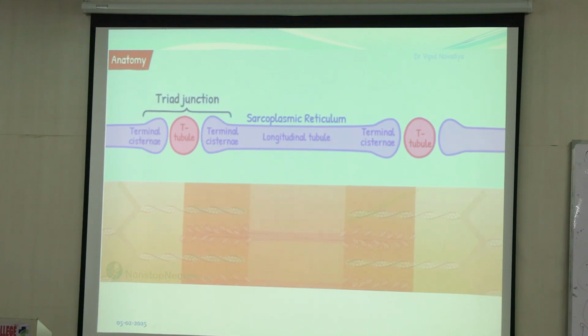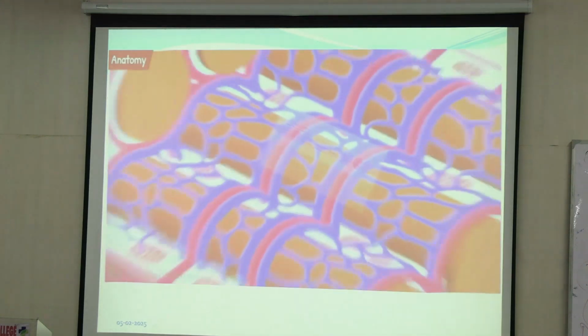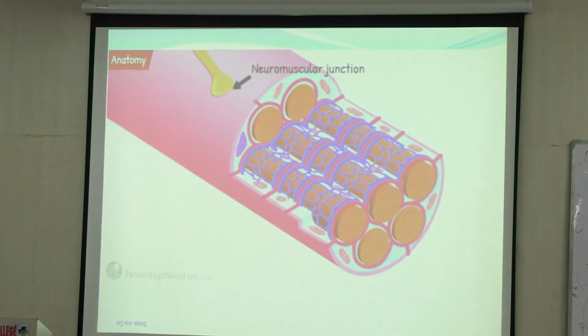This assembly of a T-tubule in the middle and two neighboring terminal cisternae is called a triad. This was all inside the cell. On the cell membrane, we have the neuromuscular junction, which includes the axon terminal and the post-synaptic membrane, which is basically the muscle plasma membrane. This was the anatomy.